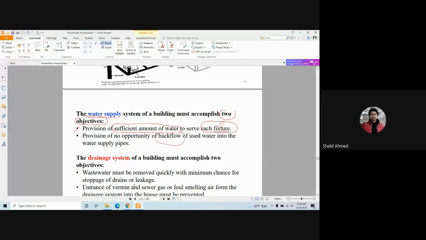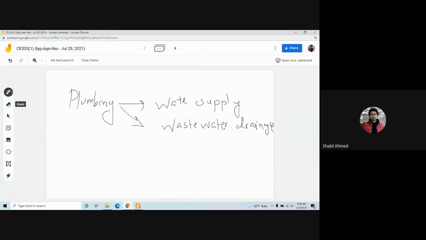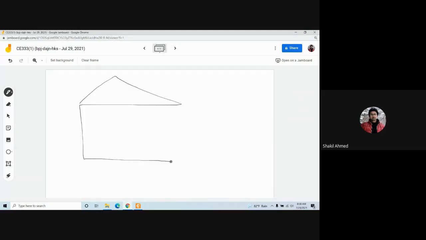Backflow. What is backflow? For example, in a building you have a drainage system like this. For example, you have a fixture here, water closet or anything, and then you are supposed to discharge it like this, right? You have a wash basin here, maybe.